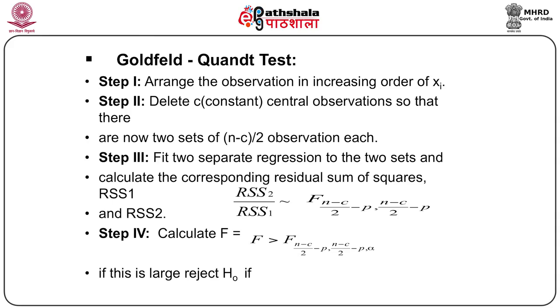That is, if the F statistic is greater than F with (n minus C) over 2 minus P and (n minus C) over 2 minus P degrees of freedom, comma alpha, where alpha is the fixed level of significance.